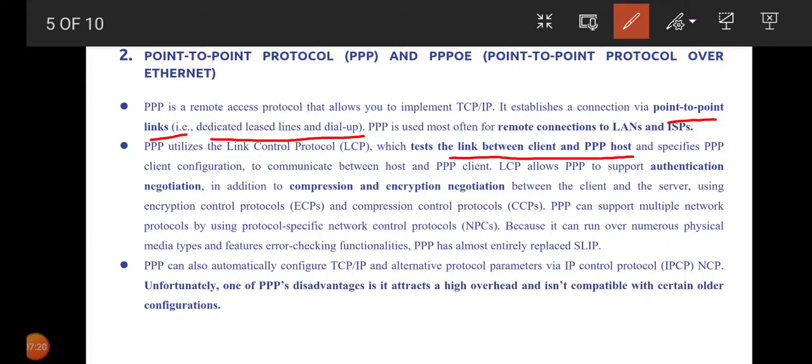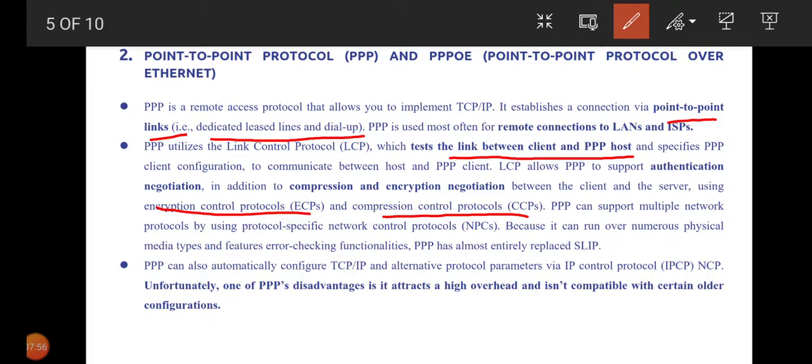And it also uses various encryption control protocols and compression control protocols in order to handle compression and encryption negotiation, and also uses authentication negotiation using the link control protocol, and it gives much more secured communication as compared to SLIP.